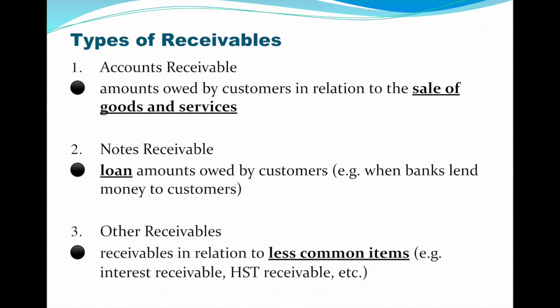Now, other receivables are for things that are much less common. So there are other receivables like interest receivable and HST receivable, and they're not considered to be accounts receivable or notes receivable, but they operate on a similar principle of a receivable in the sense that it's money that will be paid but hasn't been paid yet.